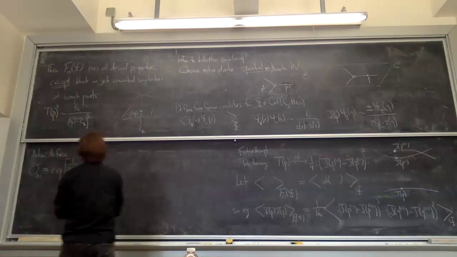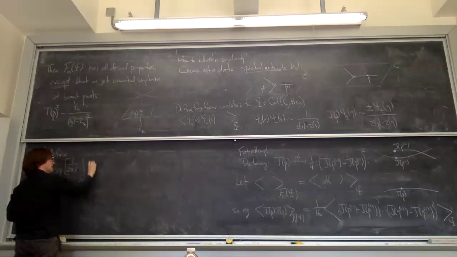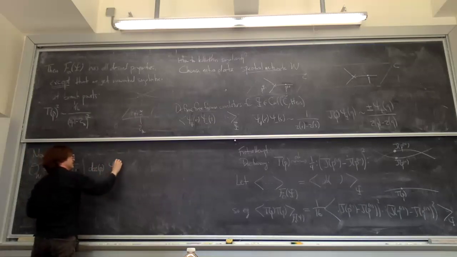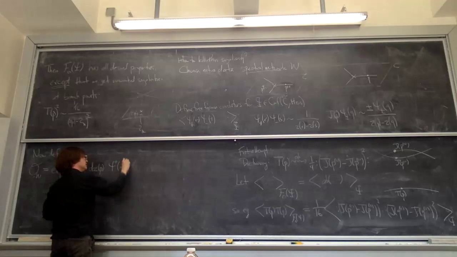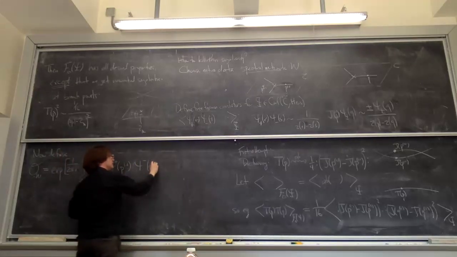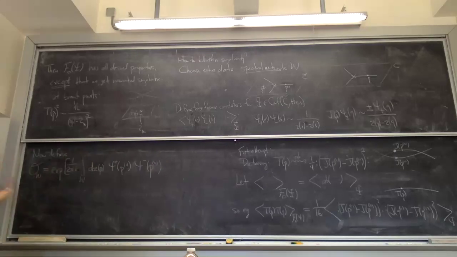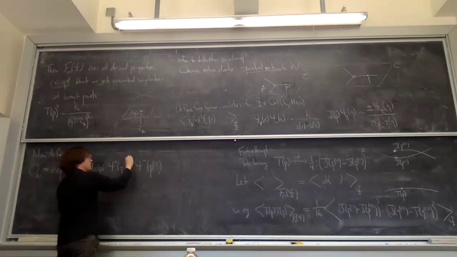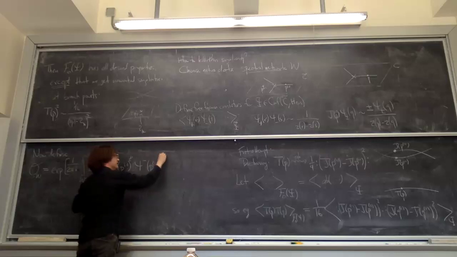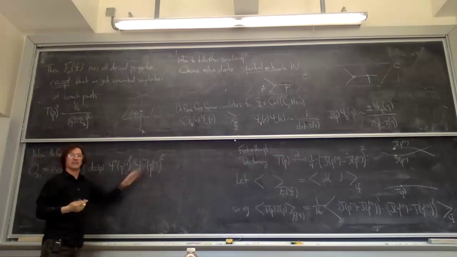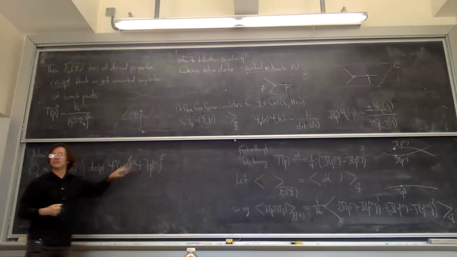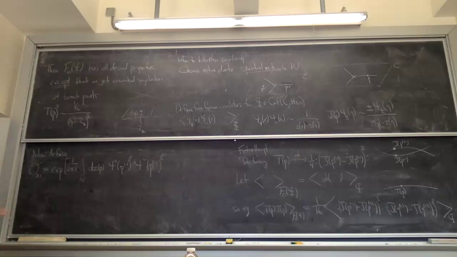I write a kind of bilocal insertion: dz of p. I insert the psi plus field at the point p1, and I insert the psi minus field at the point p2. If I want to be really careful, I use a local coordinate which is inherited from the base in both cases. So I have a local coordinate z on the base, and I lift that up to give me local coordinate systems on the cover. Then I insert this psi plus field and psi minus field on the two preimages.